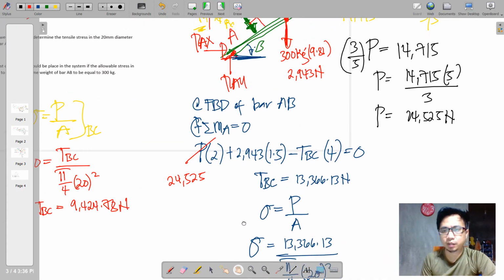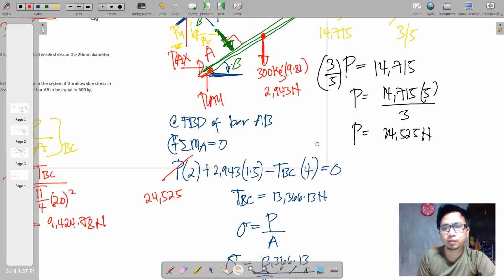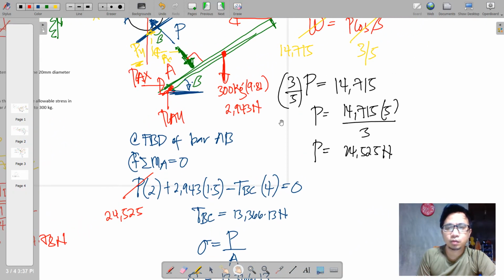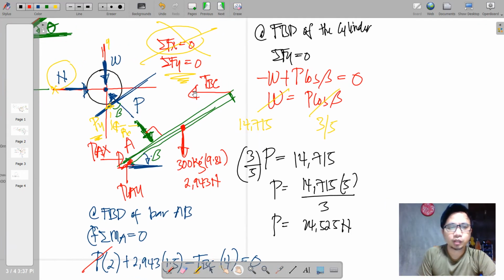Going back to the root solution, the first solution is the FBD of the cylinder, where you do not have the weight.